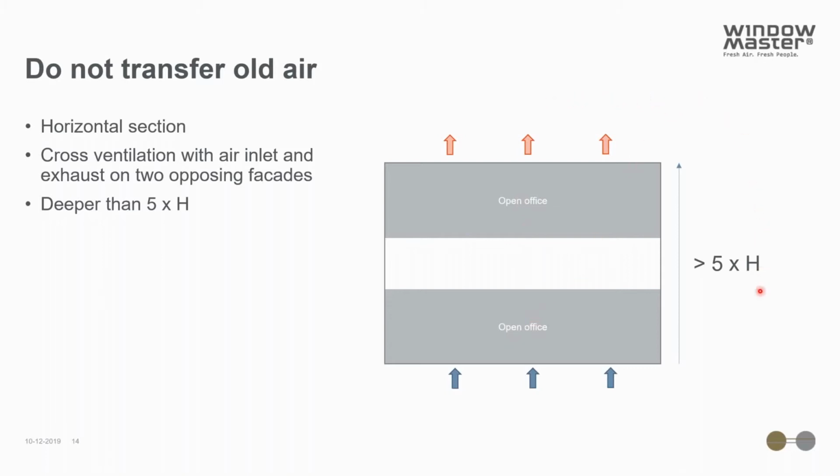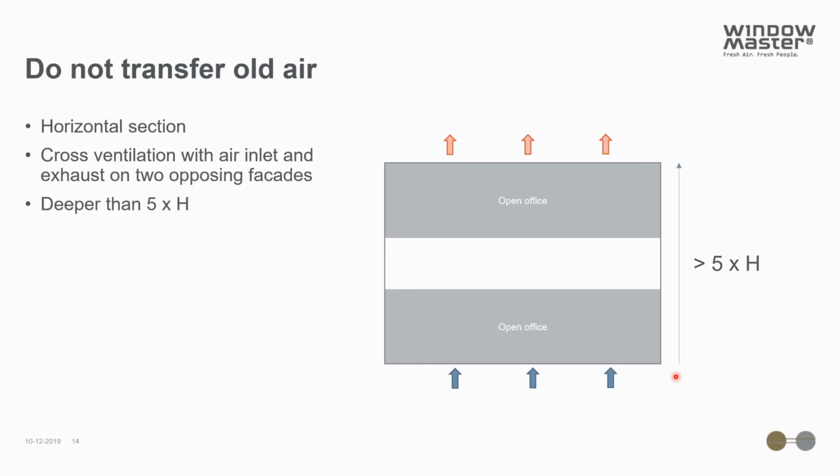If we assume that we have a building depth or a distance between the facades of much more than 5 times the room height, what we risk is that we will transfer old air from the open office closest to the inlets to the open office closest to the outlets. And this is really something we want to avoid when thinking about the natural ventilation design and the building design in relation to this.